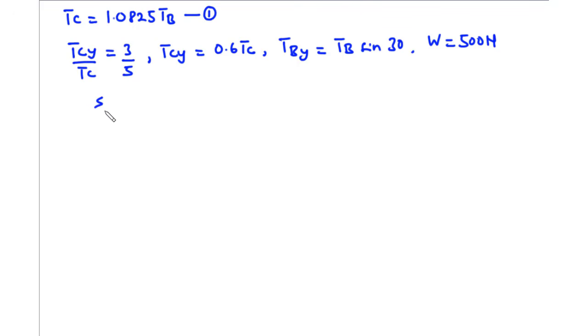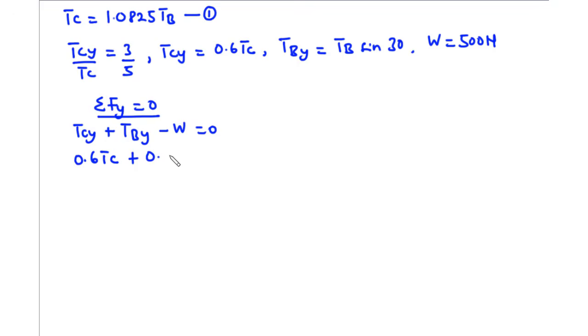Good. So we know that the summation of the forces along the y-axis should be equal to 0. Therefore, we have TCY plus TBY minus W equals 0. Negative because it's acting along the negative y-axis, vertically downwards. So now let's put in the values of TCY, TBY, and W. For TCY, we have 0.6 TC plus TBY is TB sine 30. Now sine 30 is equal to 0.5.